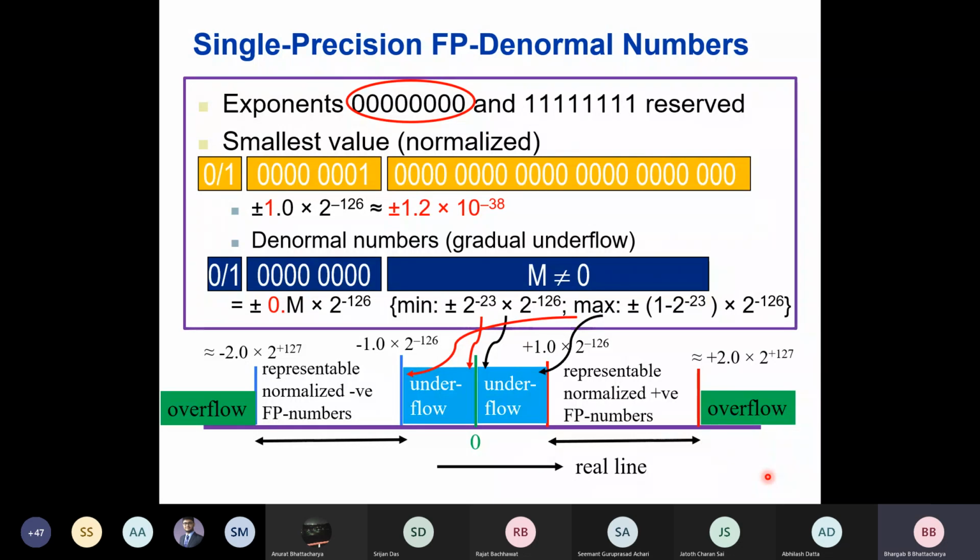Instead of having a sharp underflow from here to 0, we could have a gradual underflow. We can have more numbers. We still have some numbers that we can represent, approaching 0 further, even further.